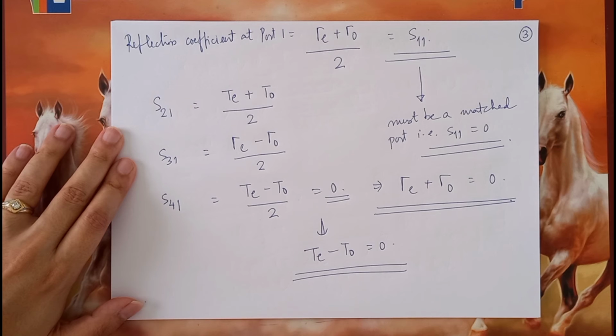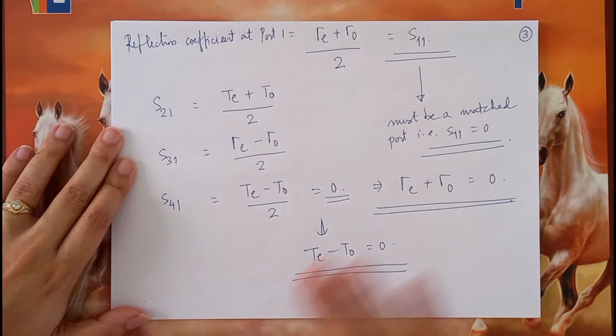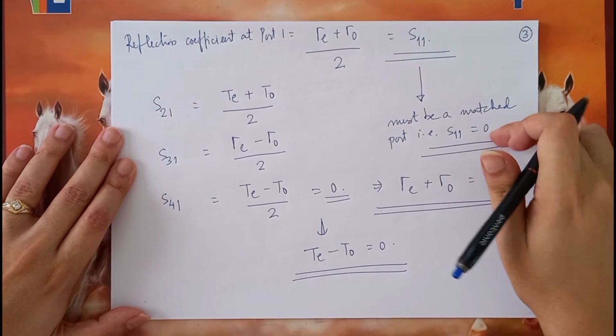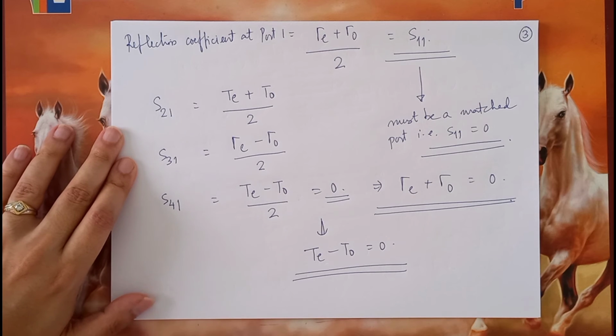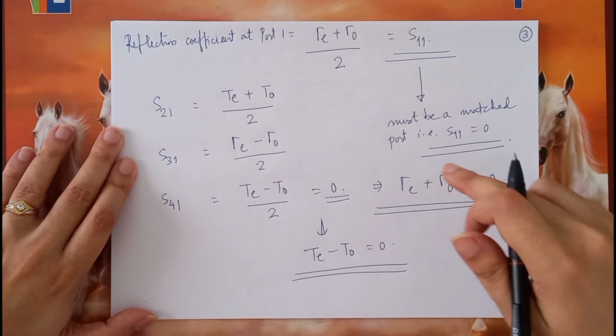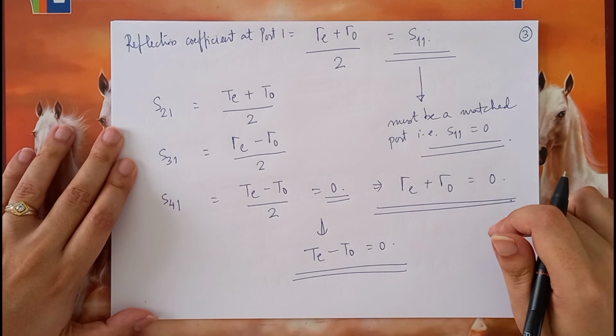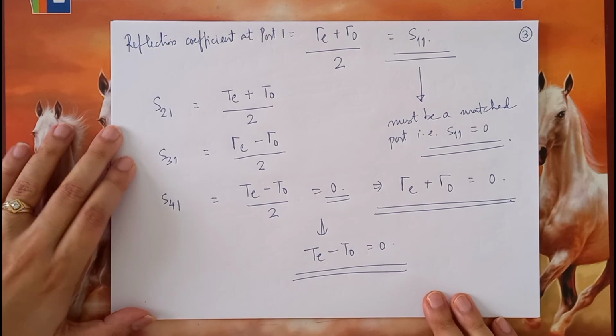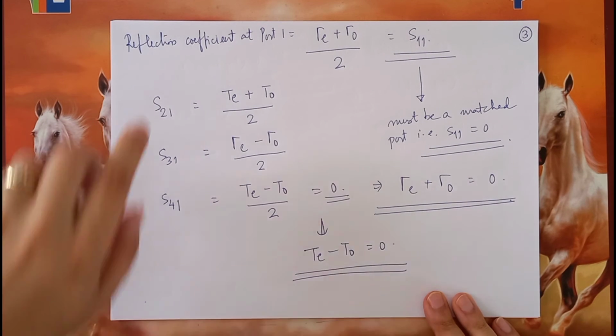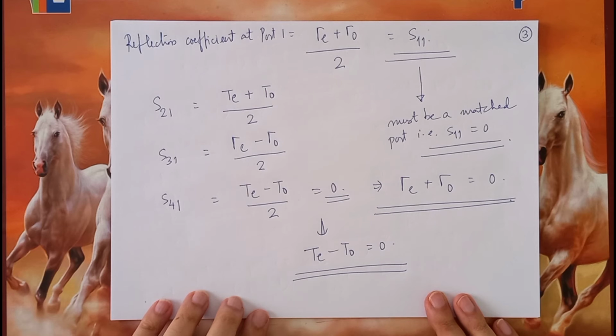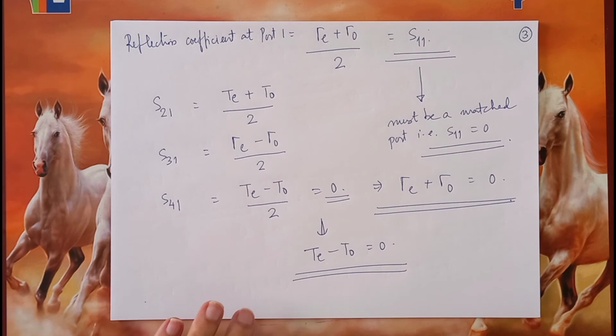Once we know TE and TO, we can find out S21 and S41. Although we want to make sure that S11 and S41 are both 0, that would require certain values for S21 and S31 also. So therefore, the analysis is not all that simple as one may have hoped for.